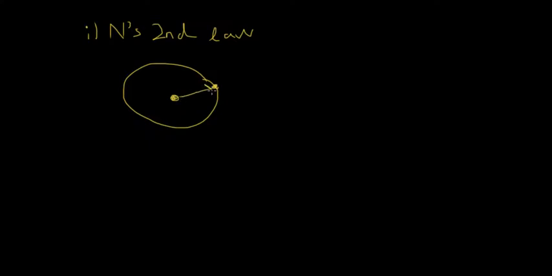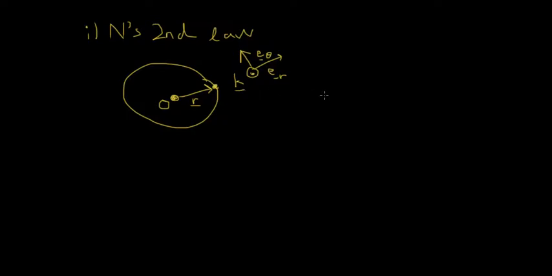We take this as O, the center of the orbit, sorry, the reference point, and this is the position vector R. E theta will be in this direction, E R is in this direction, and K will be going out of the page.